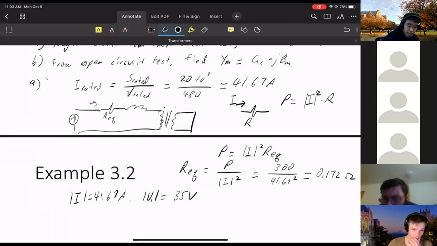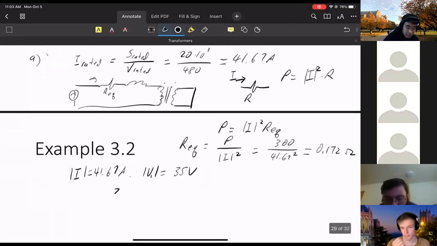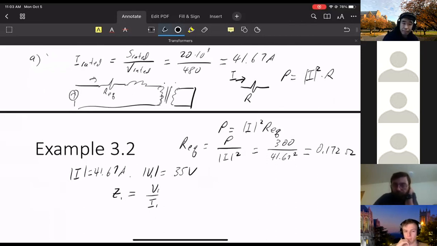Okay, so let's look at this. Let's remember Z, the impedance, is voltage over current. But we have a complex impedance. Since I don't know the phase, I cannot exactly use this equation, but this is fine. Let's take the magnitude over all the variables.